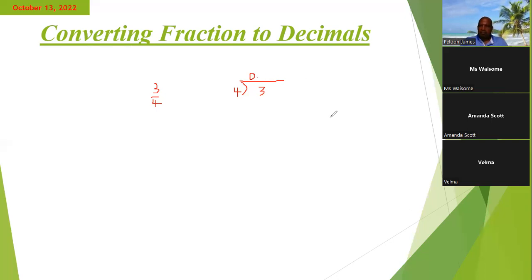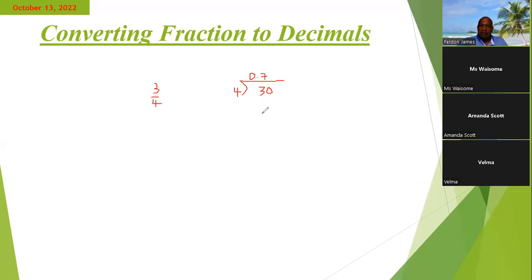Yes, sir. And then we'd add a 0 to the 3 to turn it into 30. Then we'd say 4 into 30, 4 sevens are 28, 7 times. Okay. So 4 sevens are 28. What do we do with that?